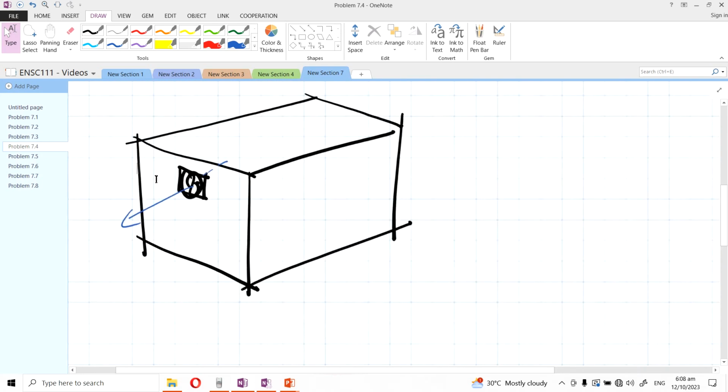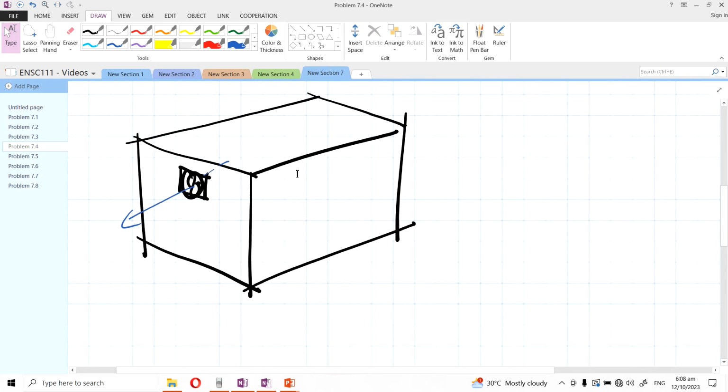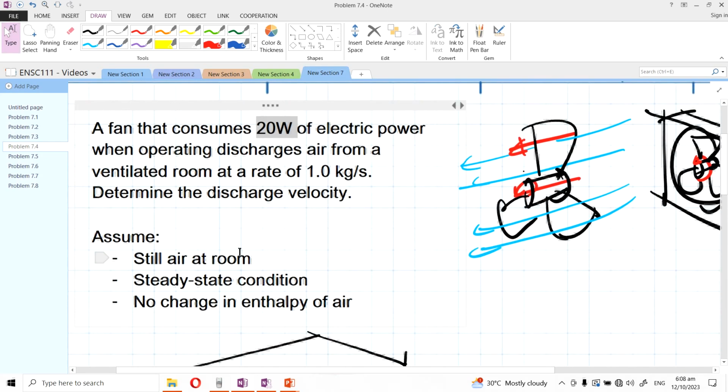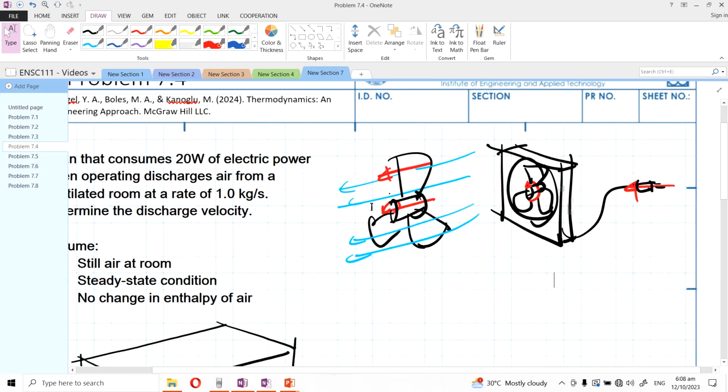It's installed here so that there's going to be movement of air from the inside of the room to the outside. Okay, so what else? The only data given is the 20 watts. So if we choose air as our system, then this 20 watts of electricity is just the same as 20 watts here, because that's the only information we have.